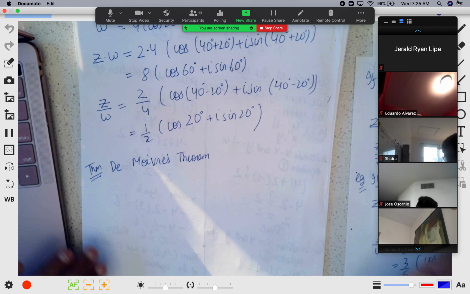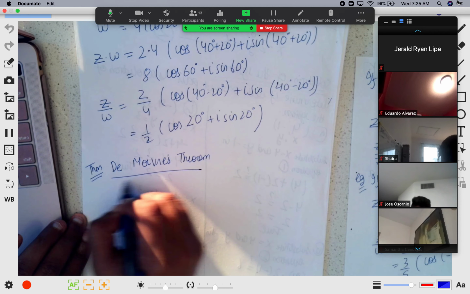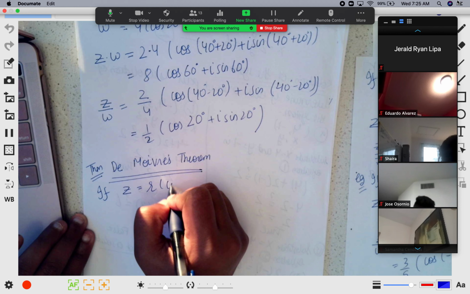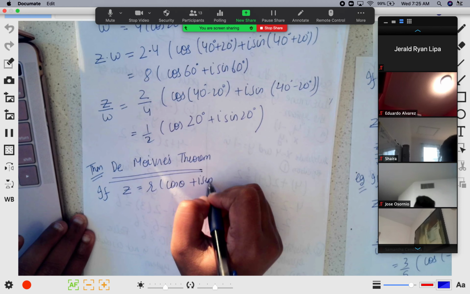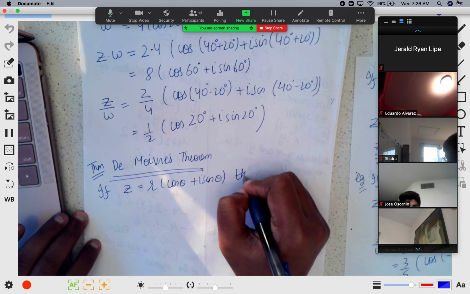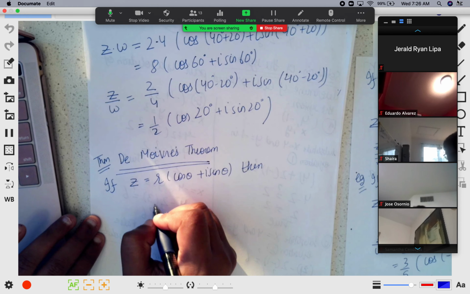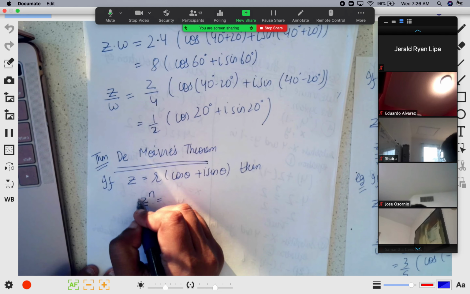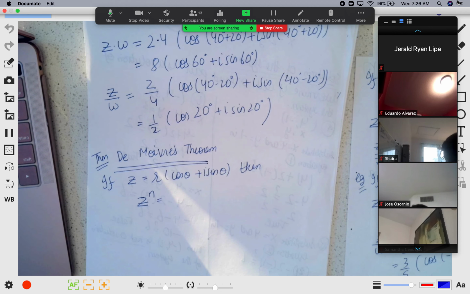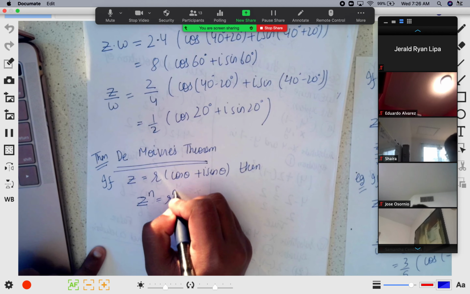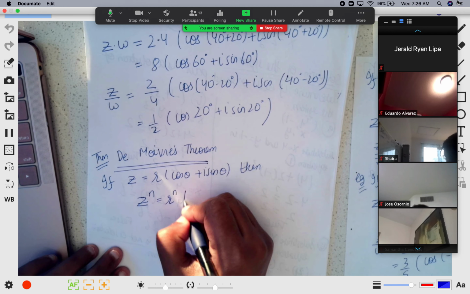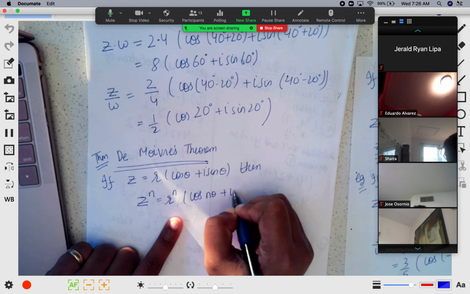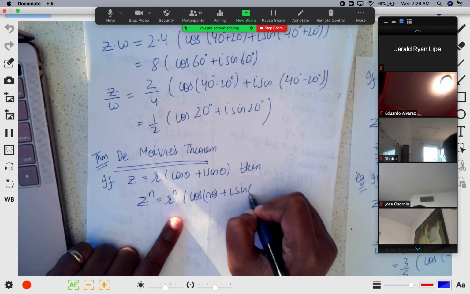If you are given z as r cosine theta plus I sine theta, and I say find z to the power of n, note it's in polar form, how you're going to do it is you raise your r also to the power of n, but it will become cosine, you multiply your theta with n, so it becomes n theta plus I sine n theta.